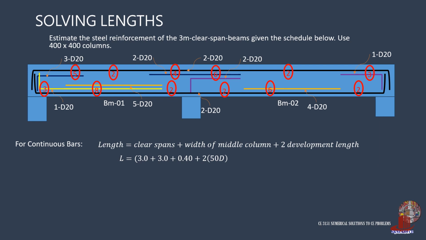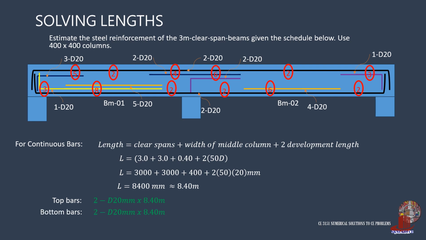The development length is 50D, so the total length becomes 3,000 plus another 3 meters, then the column width of 400 plus twice 50D, or 2 times 50 times 20 mm. This results in 8,400 mm or 8.4 meters. Thus, top bars are 2D20 of 8.4 meters length. And this is true with the bottom bars too.